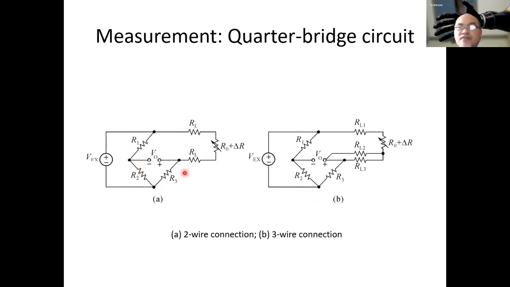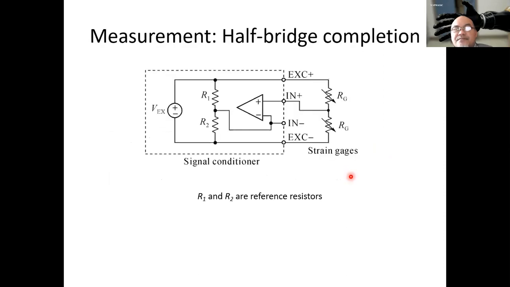Another way is to have a 3-wire connection to the strain gauge. You make a parallel between RL2 and RL3, connected at one end of the strain gauge, and the other ends are connected to R3.